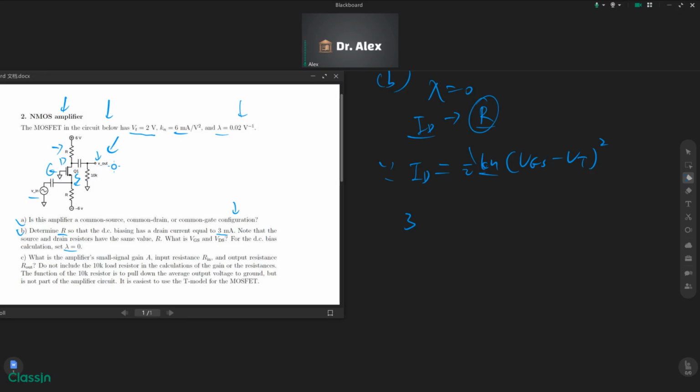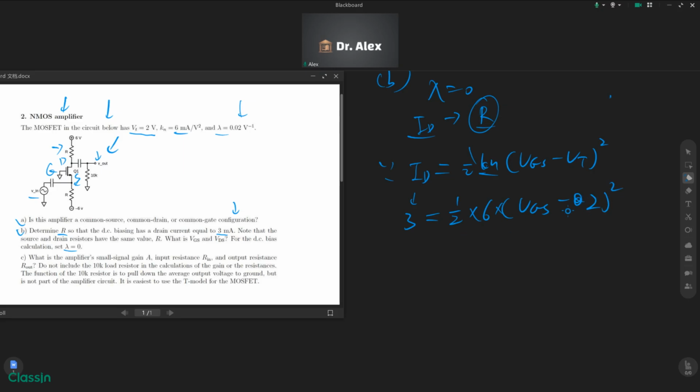Both sides have milli, so I don't write the times 10 to the minus 3 power, because the milli cancels on each side. So I just write 3 here. Be careful with this. So half of the 6, times (VGS minus VT) squared, where VT is 2 volts.